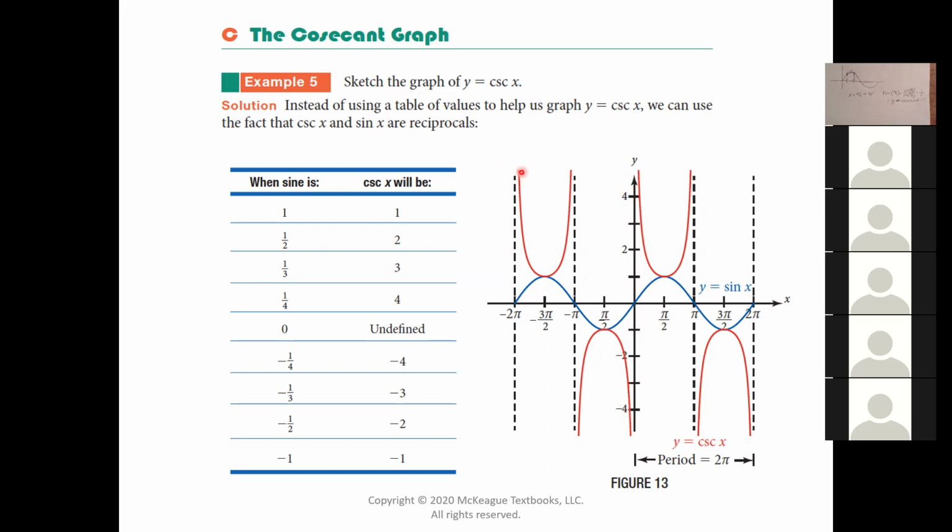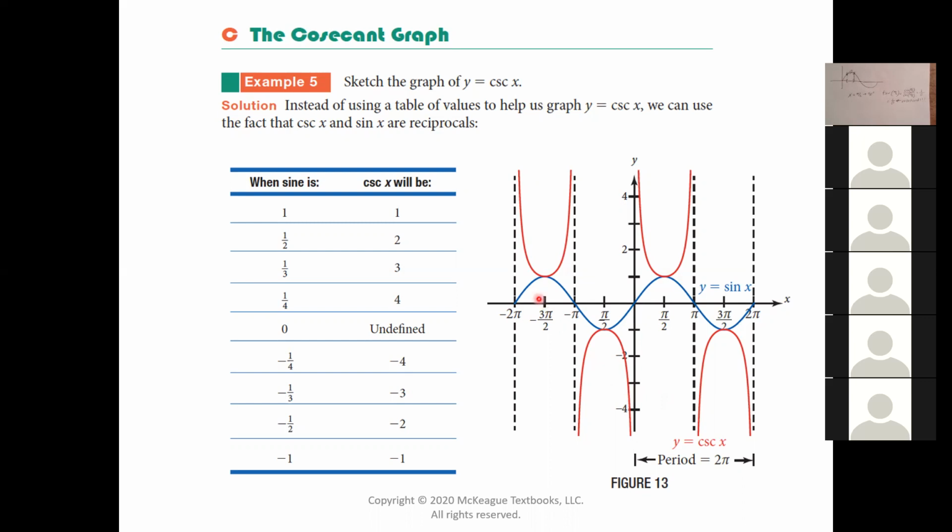So all you do is you graph these parabolic graphs. These red graphs represent the graph of the cosecant function. Notice they just touch the maximum point of the sine function or touch the minimum point of the sine function. And then the red graphs go off asymptotically with respect to the vertical dashed lines.